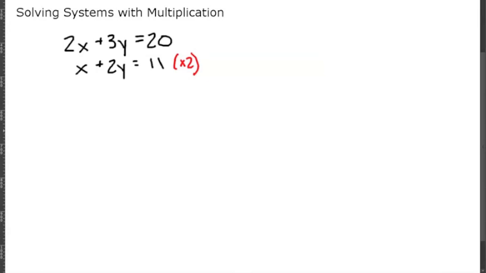carrying both of them over, we're going to get 2x plus 3y equals 20, because we did nothing to the top, but the bottom multiplied by 2, we're going to get 2x plus 2 times 2y would be 4y equals 11 times 2, which is 22.